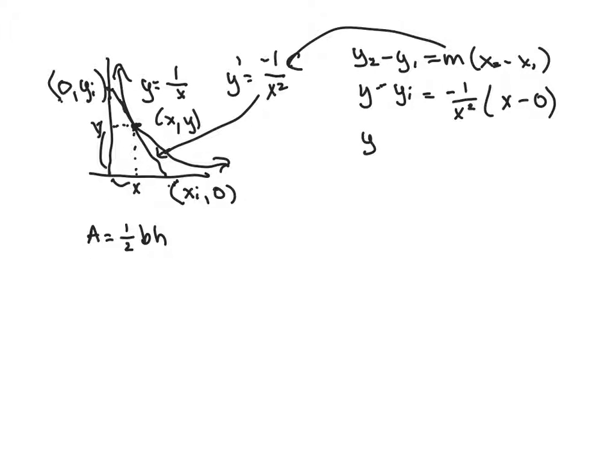So I end up with y minus the y-intercept equals, these x's are going to cancel out, equals negative 1 over x. So y is equal to negative 1 over x plus the y-intercept.